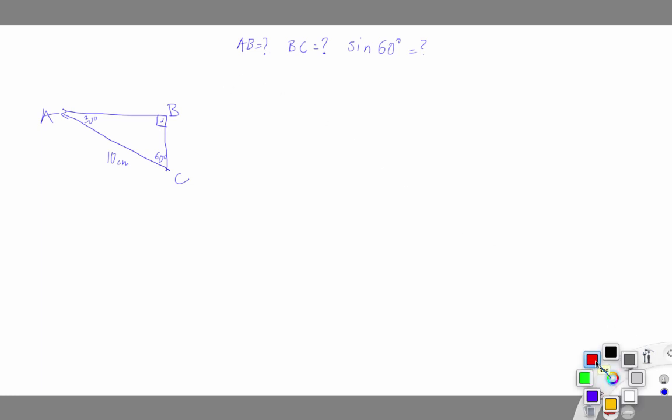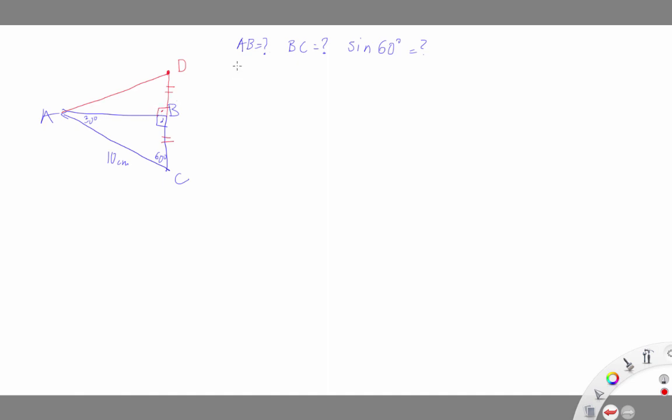Okay, so here we go. If I extend this side BC by exactly the same distance, and I call this point D over here, so these two line segments are equal, I get another triangle which is actually congruent to the original triangle.